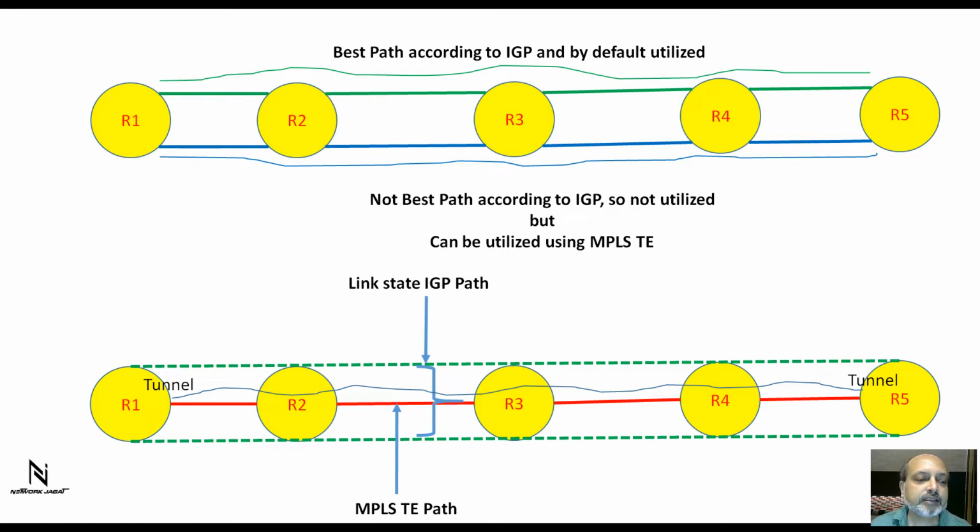And this logical or virtual path has no physical interface. As it is a virtual path, we can expect that it will not work directly on any physical interface. But it must have an interface to work, because what is an interface? An interface is basically a doorway.